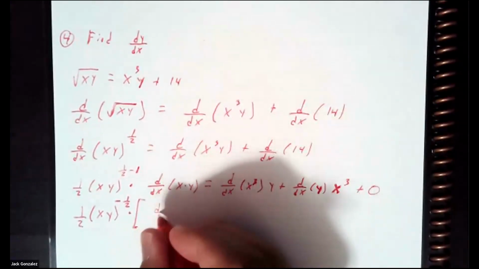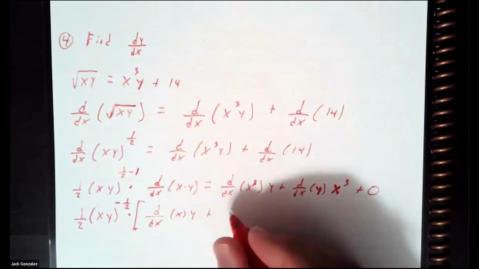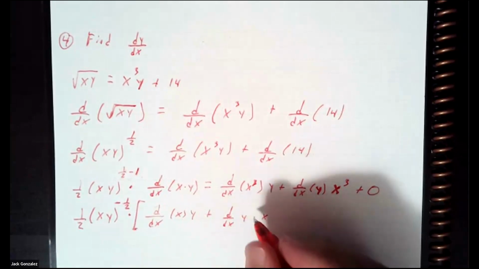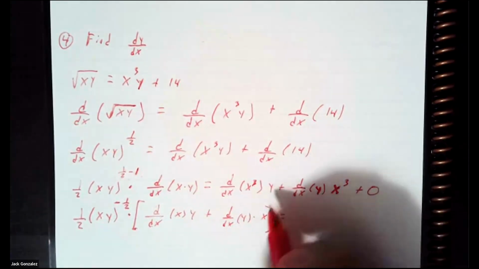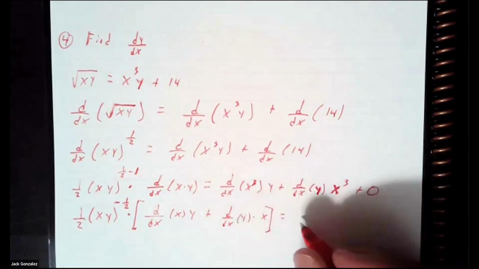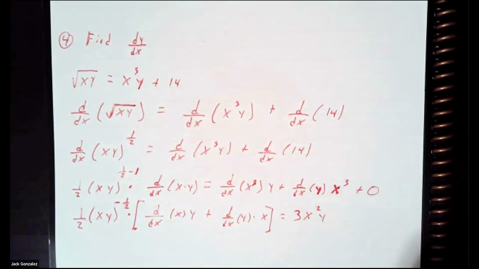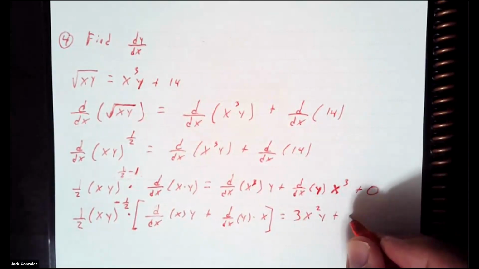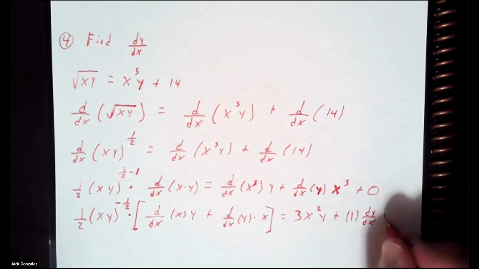Product rule says d dx of the first piece times the second, plus d dx of the second piece times x cubed, equals the derivative of this, which is going to be this guy, right? Yes. Plus 1 dy dx x cubed.